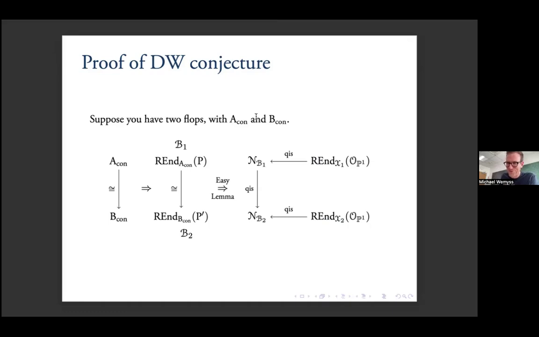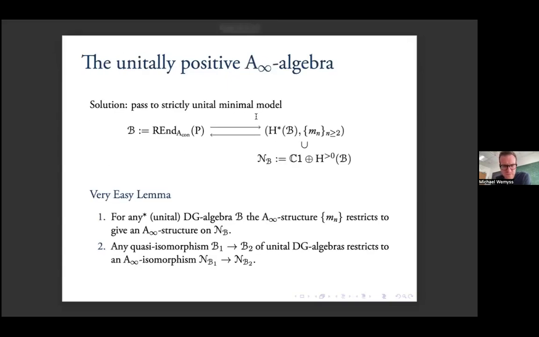No. Good. Hey, I have a question. Yeah. Hi. Sorry, I'm a bit confused about the degrees. So you said that any quasi-isomorphism between B1 and B2 restricts to an A-infinity morphism between B1 and B2, but it seems like, counting the degrees, one of these A-infinity maps could land in the negative degree part of B. So it's just a degree calculation.